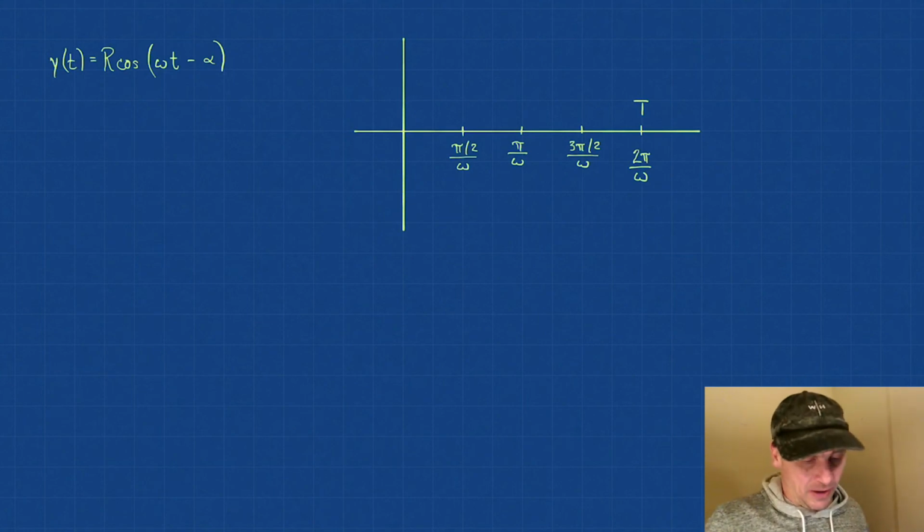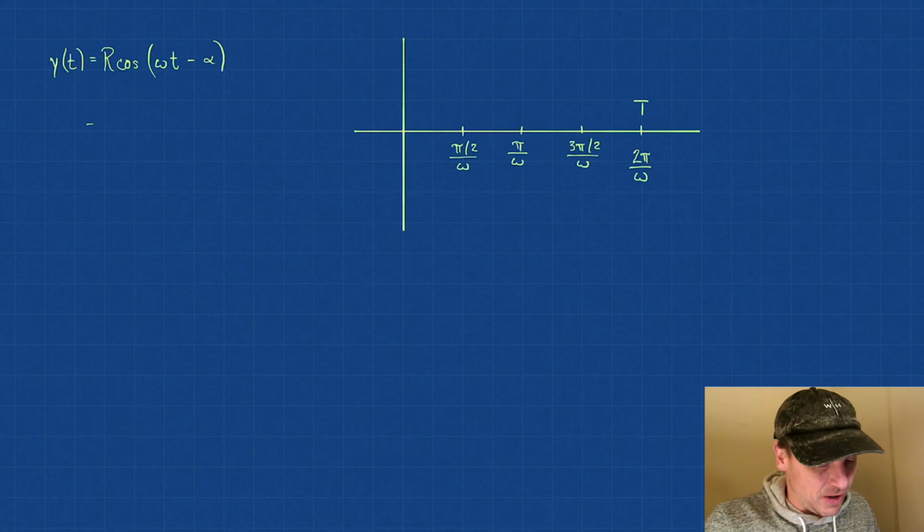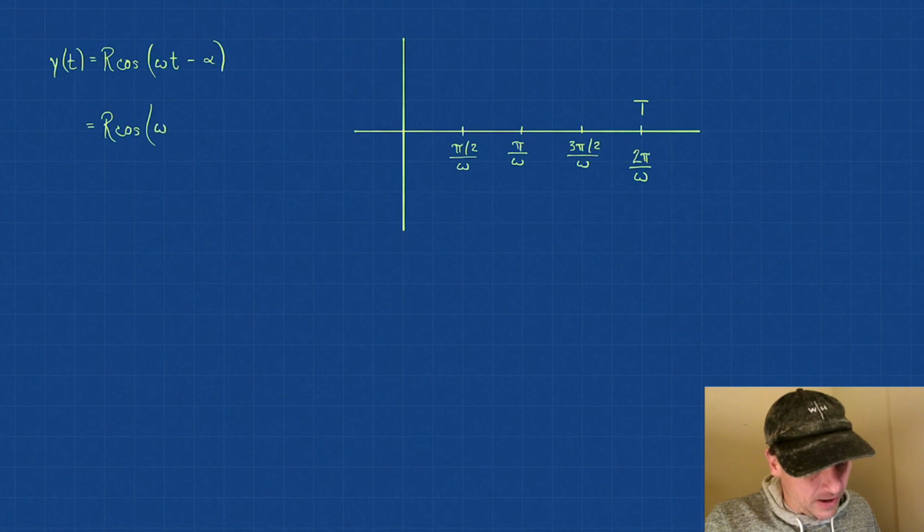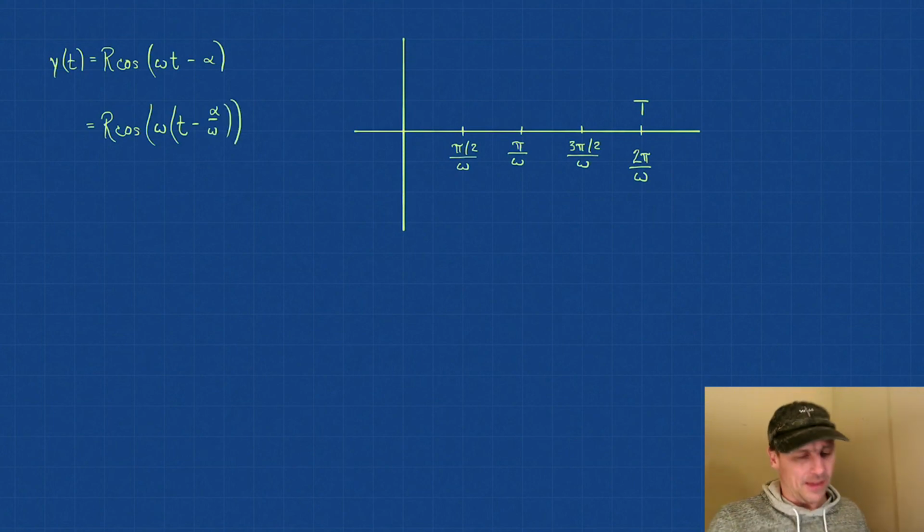Now the next piece then is we have a shift, and how do we determine our shift? So our shift is r cosine of omega, then we factor that out. So this becomes t minus alpha over omega. Well, so it starts at some point alpha over omega.